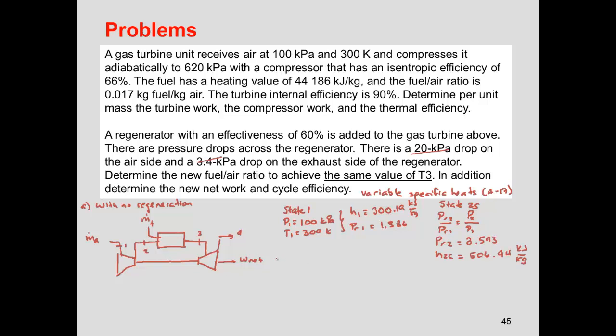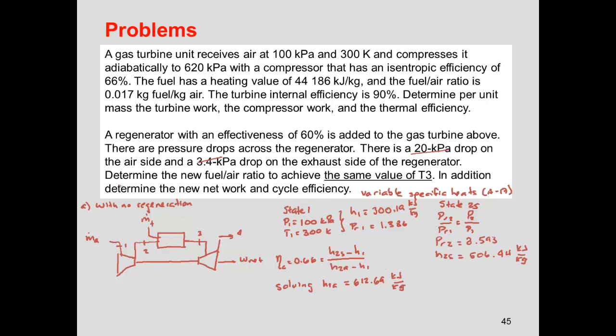Now, the isentropic efficiency of the compressor, which is 0.66, is equal to H2S minus H1 over H2 actual minus H1. Solving for H2A leads to a value of 612.69 kilojoules per kilogram.